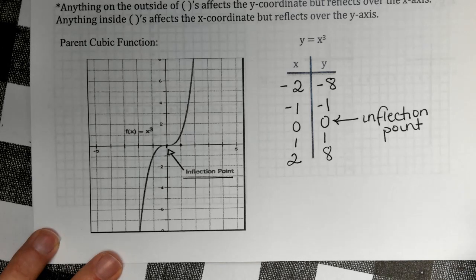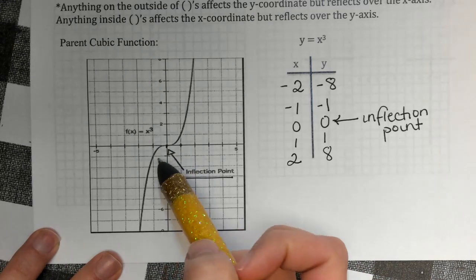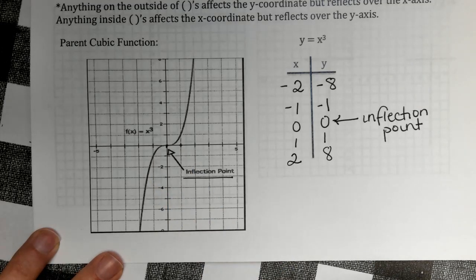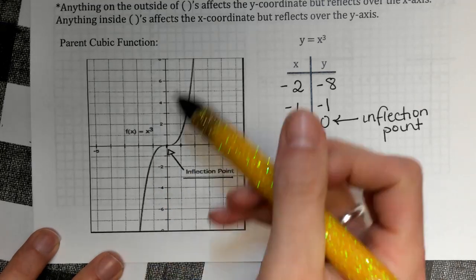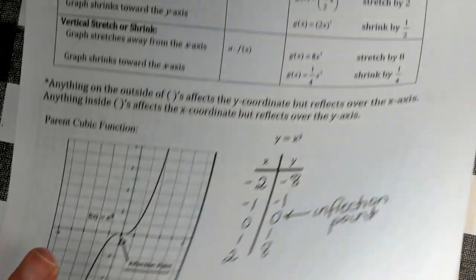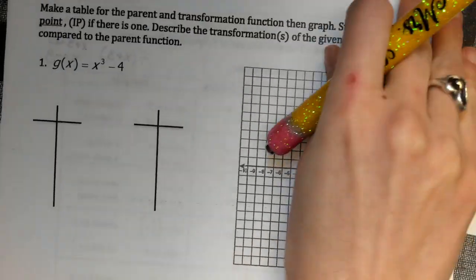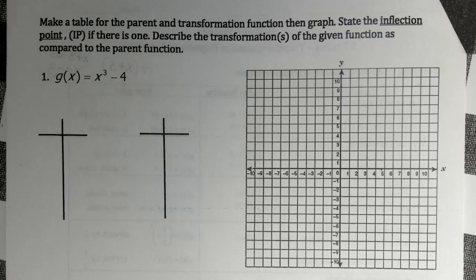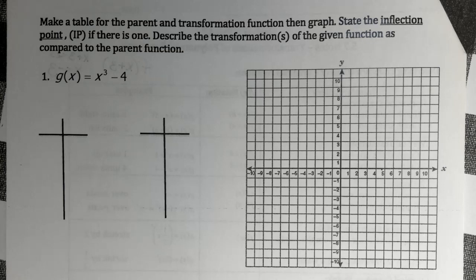Okay, so remember that even functions end in the same direction, right? But your odd functions are always opposite directions. So that's why we need that inflection point. Every time we have an example, we're going to do our parent function, and then we're going to do the transformation.